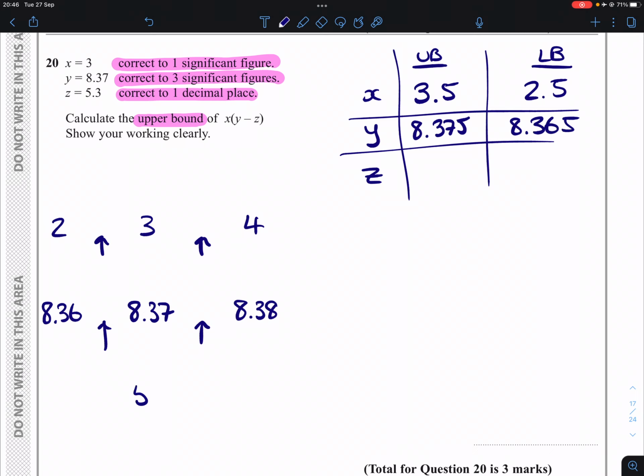And last but not least, 5.3 to one decimal place. The one decimal place answers before and after it are 5.2 and 5.4, meaning our upper and lower bounds are 5.35 and 5.25. So marks in the bag straight away for finding all of the upper and lower bounds.